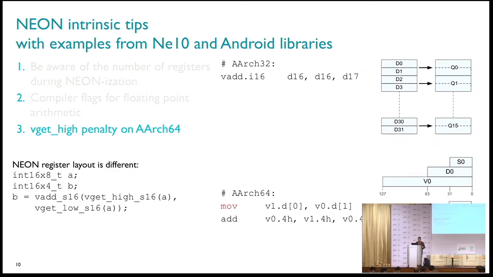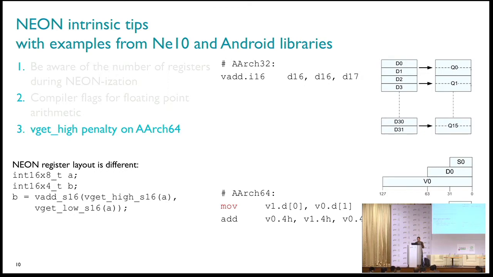Okay, the last tip is vget_high on ARC64. Neon register layout is changed in ARC v8-A. You can see on ARC32, the registers are overlapped, and the Q0 register is a combination of D0 and D1.